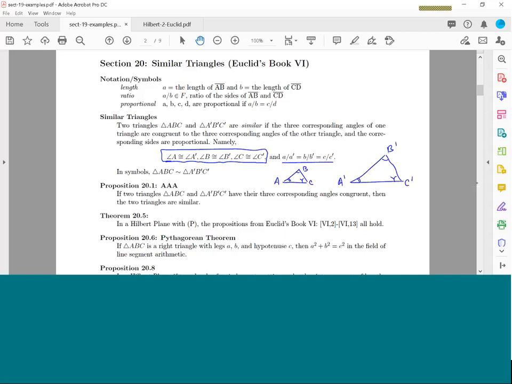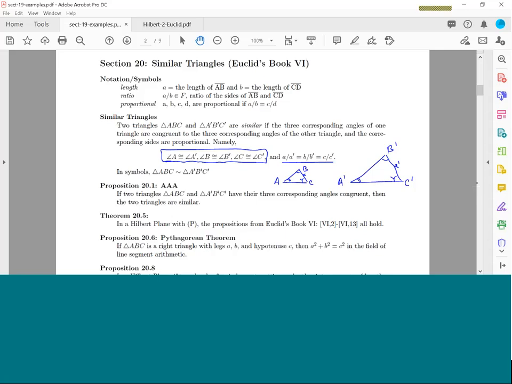Now, in terms of the corresponding sides, the side tagged with a lowercase a would actually be side BC. Sorry, that kind of smudged a little bit. Why do I know it's the side BC? Because that's the side that's opposite point A. It's also the side whose name doesn't include an A. So the side designated with a lowercase a prime would be the side B prime C prime.